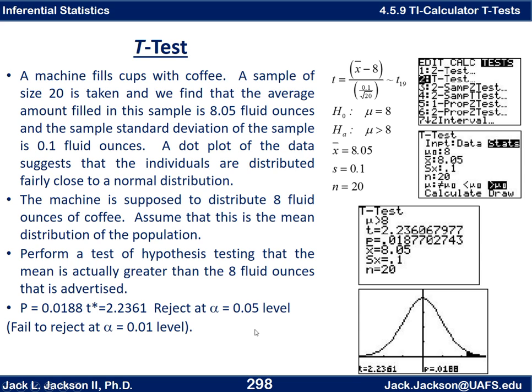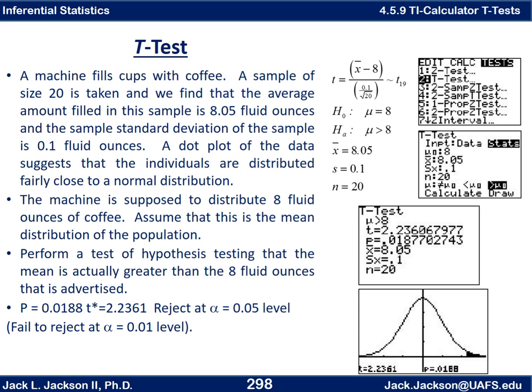Now, how do we make a decision? Well, we compare the alpha value to the P value. If P is less than alpha, then we reject the null hypothesis, and we say we do have enough evidence that the alternative is true. If P is greater than alpha, then we fail to reject. In this case, P is about 0.019.